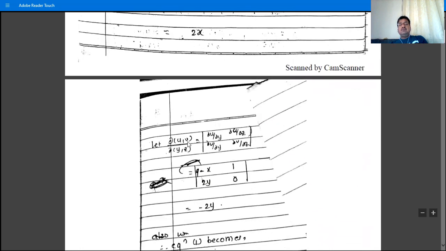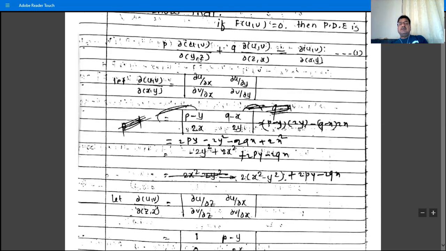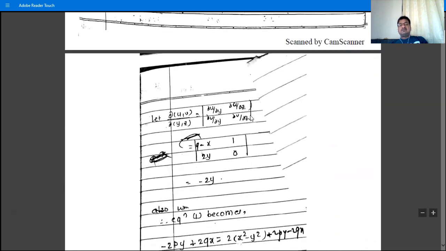Similarly, what is the Jacobian ∂(u,v)/∂(y,z)? It is equal to the determinant with ∂u/∂y, ∂u/∂z, ∂v/∂y, ∂v/∂z. And ∂u/∂y is what? ∂z/∂y, that is q, minus x, so q minus x.